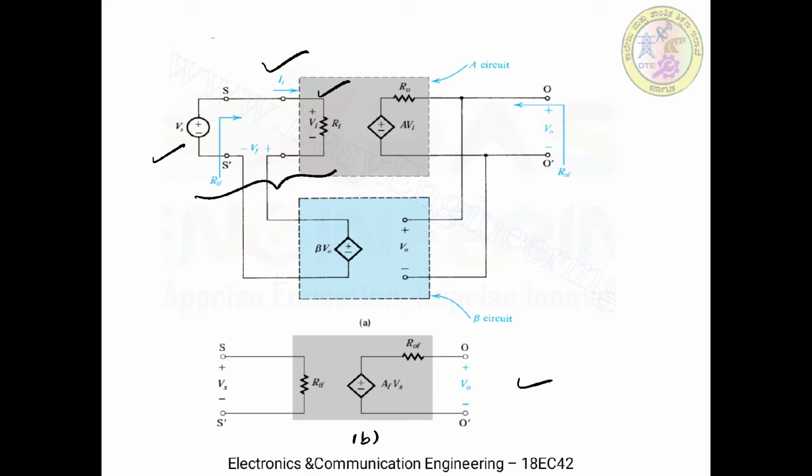In the absence of feedback we had only Vi. Now in presence of feedback, Vi will be added with the feedback signal. Its amount will be beta times A into Vi.